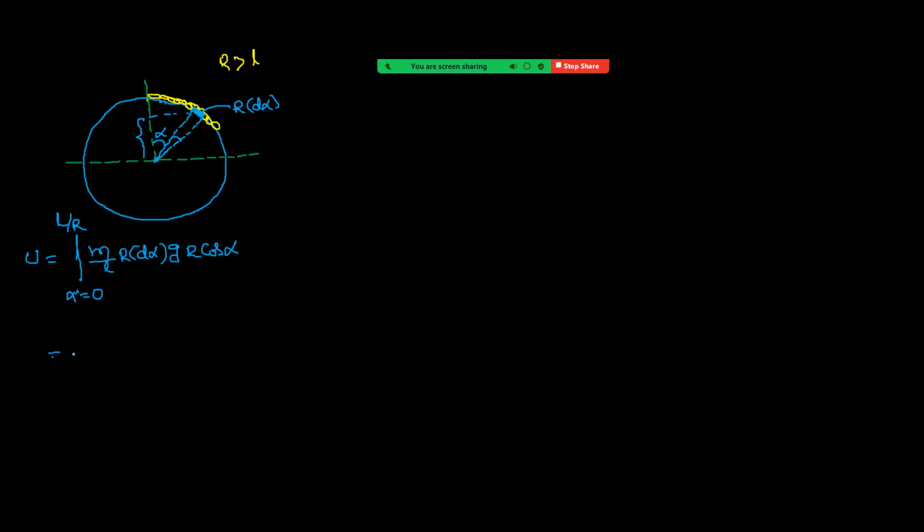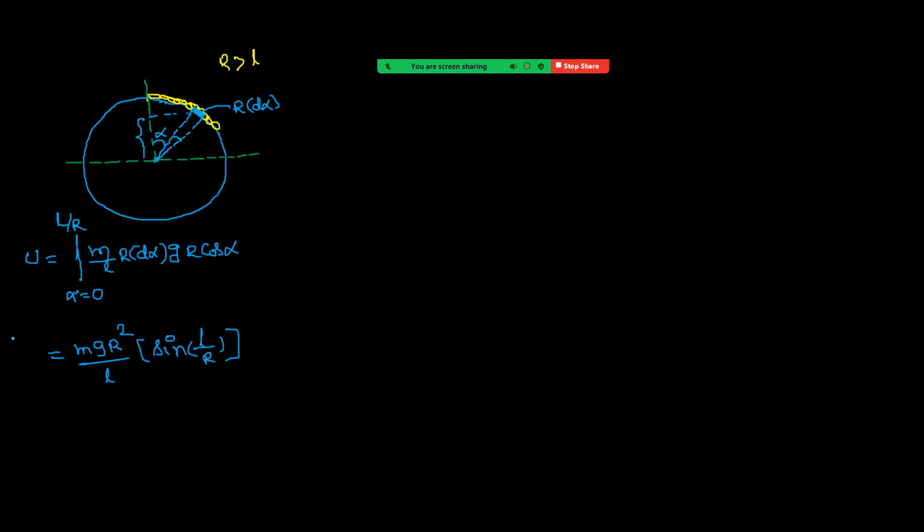Calculation: first take constants outside, m g r square upon L. Remaining is cos alpha d alpha, which becomes sin alpha. Now take limits: sin L by R.